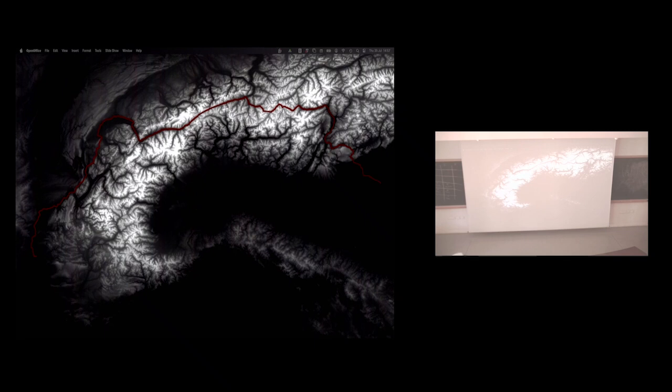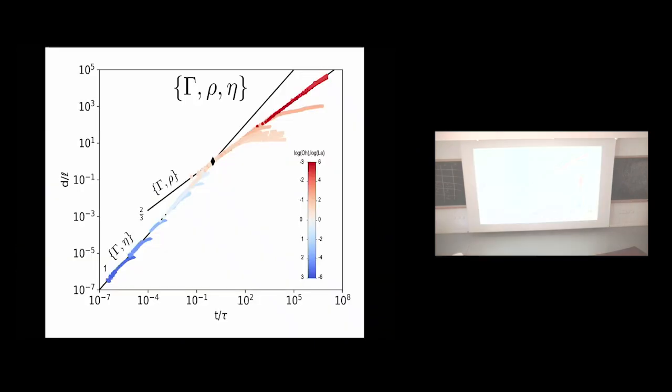My slides are not in the right order. Let's start again here. So that's where we left off. We have three mechanical parameters: the surface tension, the density, and the viscosity.